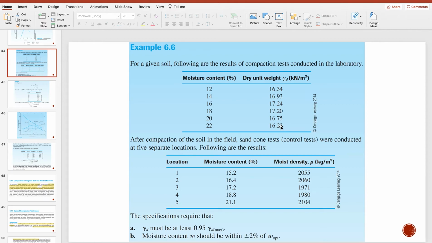After the compaction of the soil in the field, sand cone test, control test were conducted at 5 separate locations. So ito yan. Magkakaibang location. The dry density must be at least 95% of the maximum dry density. Moisture content show to be within plus or minus 2% of the optimum moisture content.